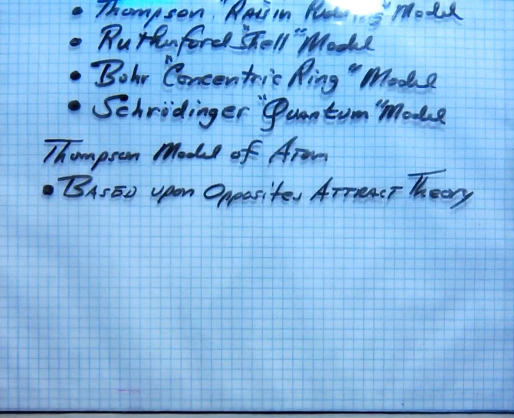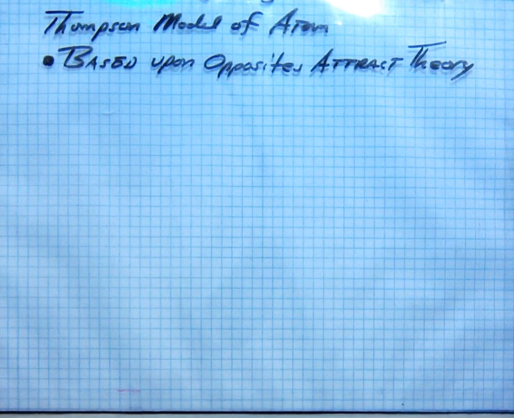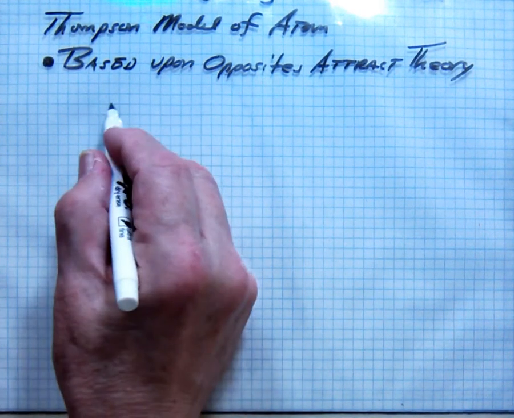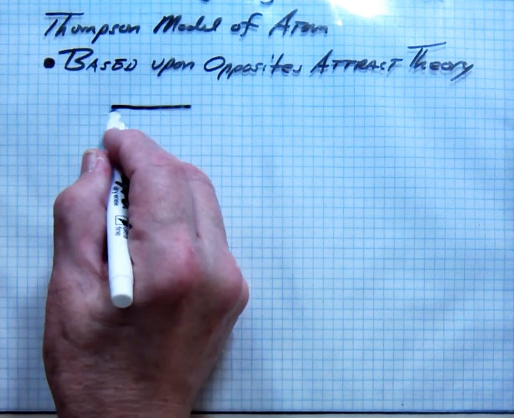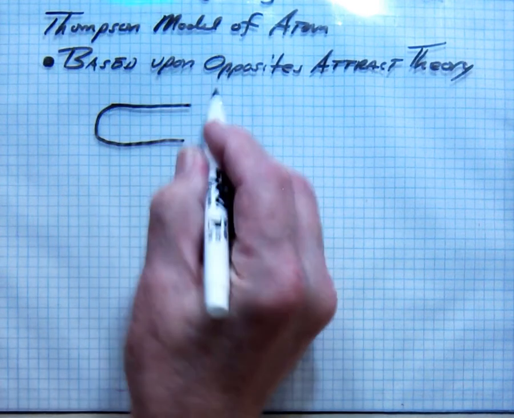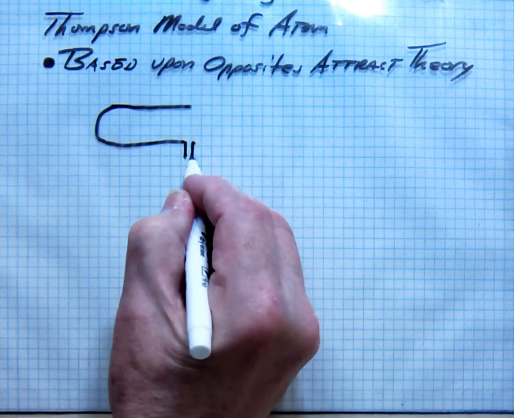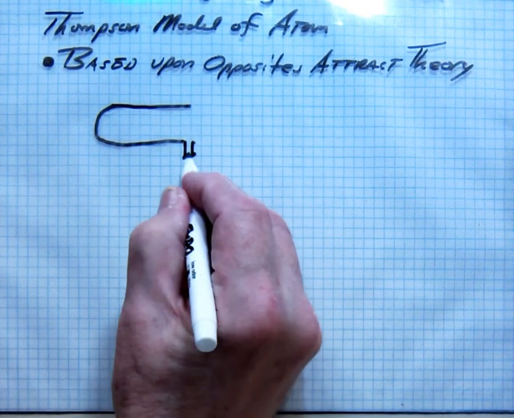At the time this concept evolved, scientists were well aware of the electrons and the existence of positive nuclear particles using what they call cathode ray tubes. A cathode ray tube is a glass device, and it's got a little valve out here for vacuum.